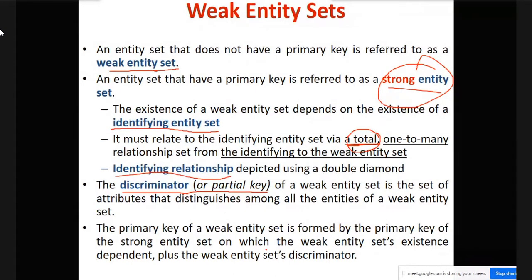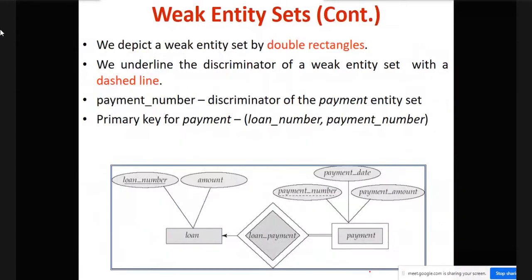How is the primary key of a weak entity identified? The primary key of the weak entity set is the primary key of the strong entity set on which the weak entity set is existence dependent, plus the weak entity set's discriminator key. That is here with the example.